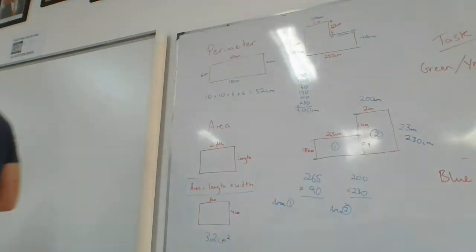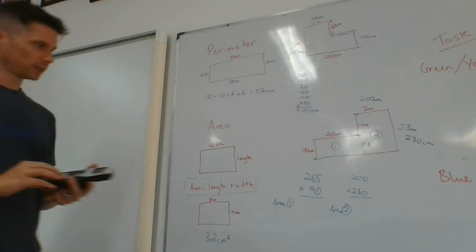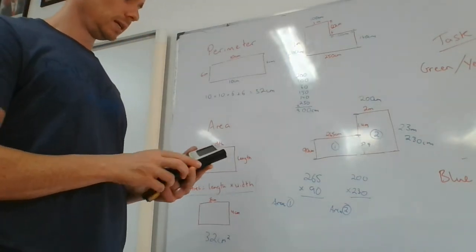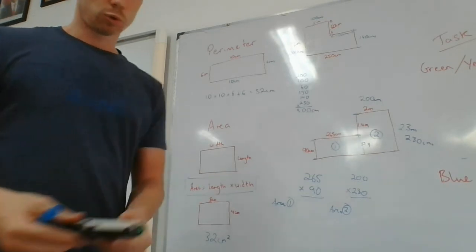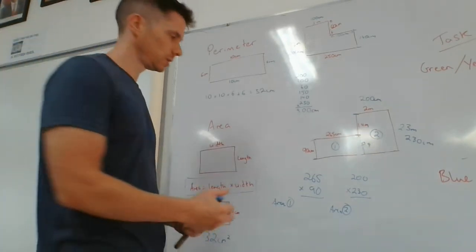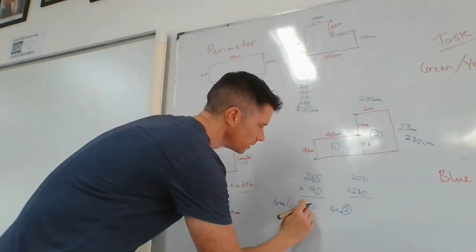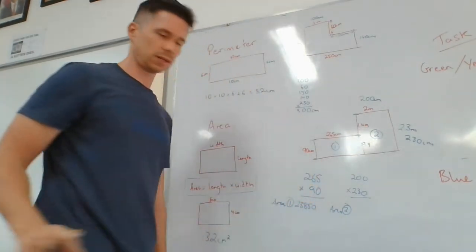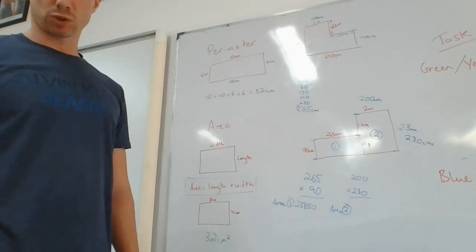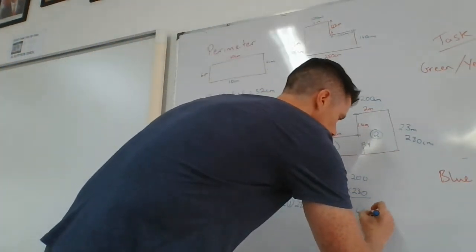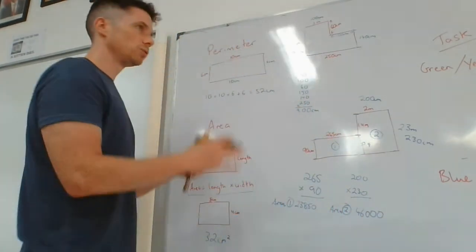Using my calculator, which I should have had closer to me, 265 multiplied by 90, well that's 23,850. That's quite a large number. 23,850 for this area, and then 200 times 230, 46,000. So that's my 2 separate areas.